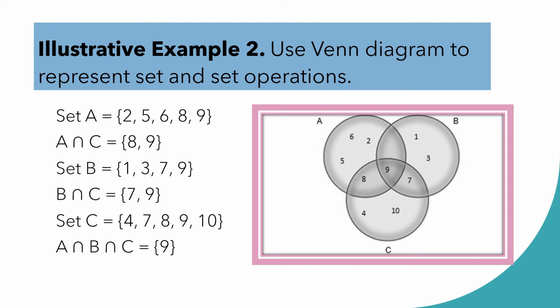We have 4, 7, 8, 9, and 10. Arrange from lowest to highest. And then we are going to find the intersection of all the three sets. So that is 9, found in the middle part of the three circles.